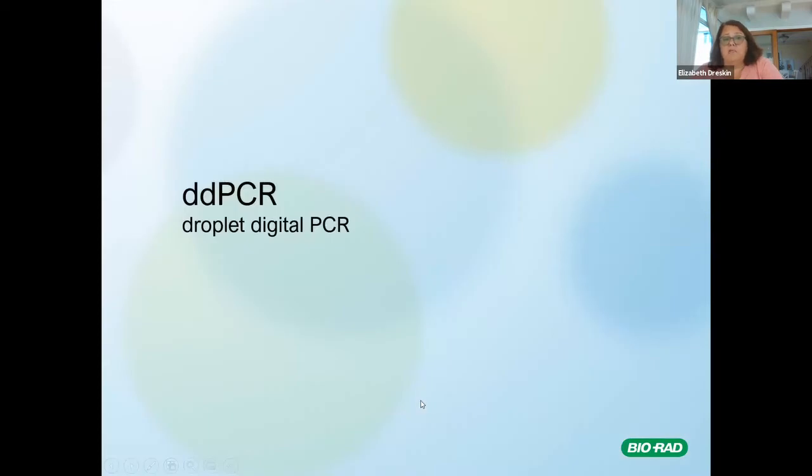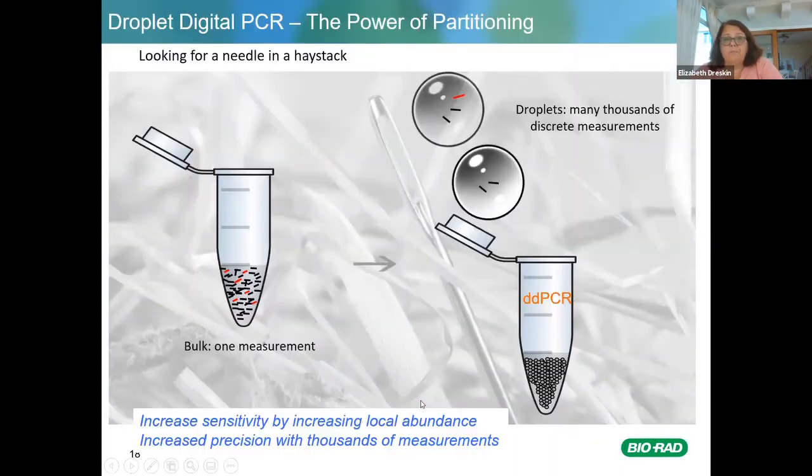So now we can move to Droplet Digital PCR. So we talked about looking at that dilution where we could assay the 5 microliters and maybe we would detect something and maybe we wouldn't.